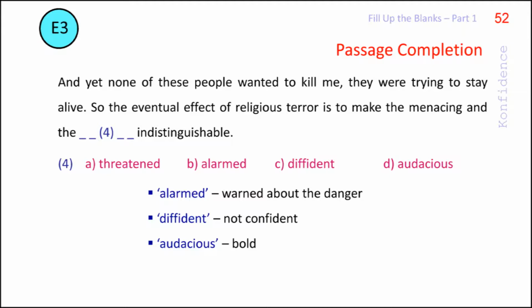From the meaning of these words, we can make sure that none of them is suitable here. If we notice the word menacing in the sentence and if we know its meaning, it will point towards the right answer choice. Menacing means threatening. In this sentence, the author says that he could not distinguish the threatening and the threatened people. Hence, the answer is option A, threatened.